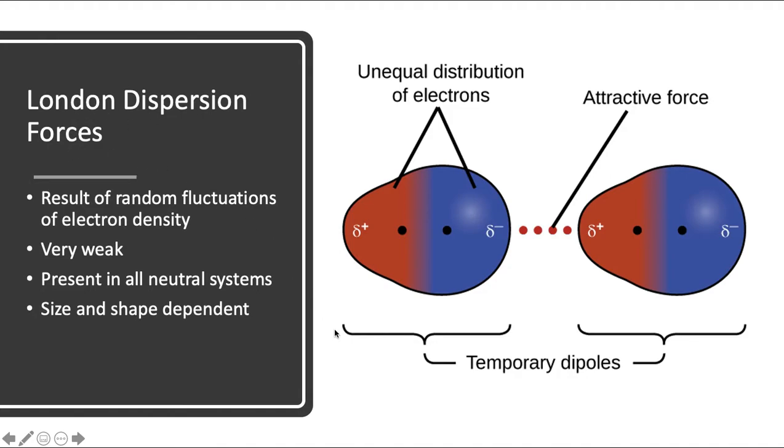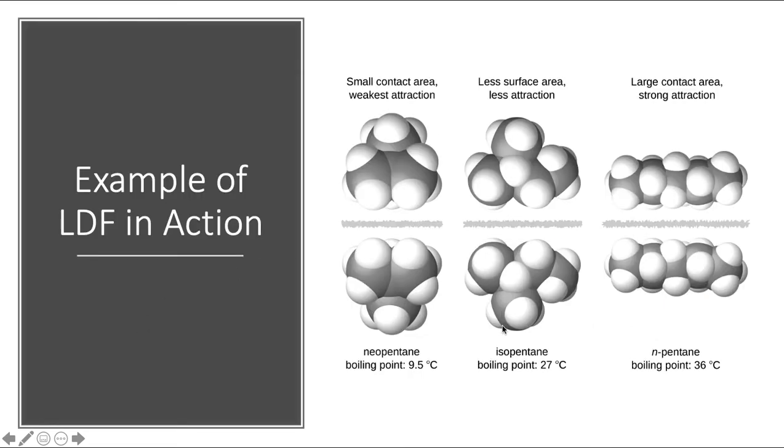Now let's look at the shape of the molecule. That also makes a difference. Here are molecules that have the exact same molecular formula. They have the exact same number of carbons and the same number of hydrogens. They only differ in the way the atoms connect to each other.